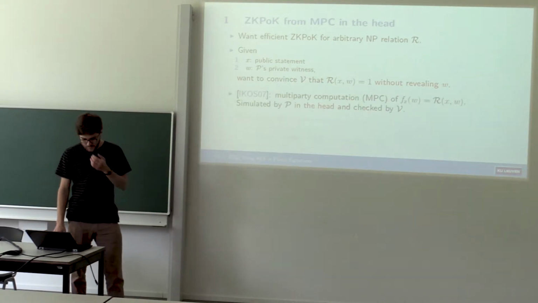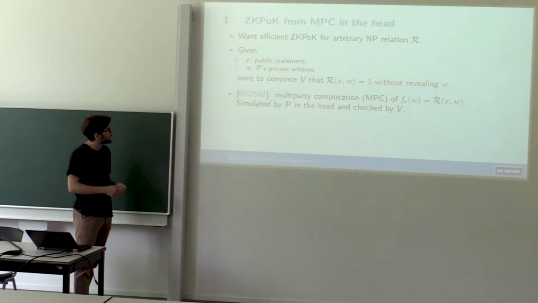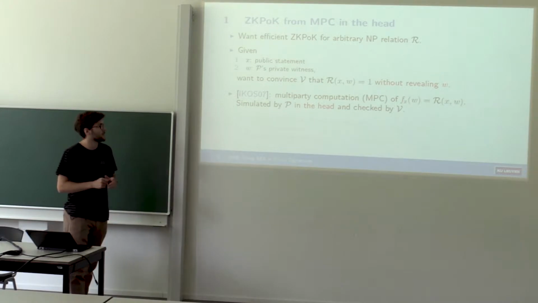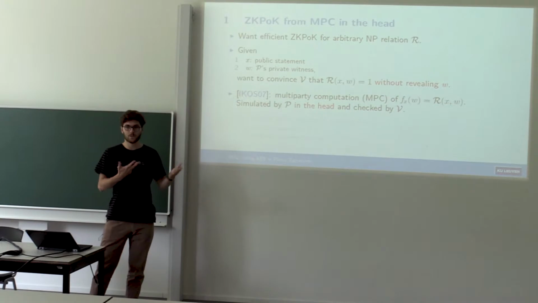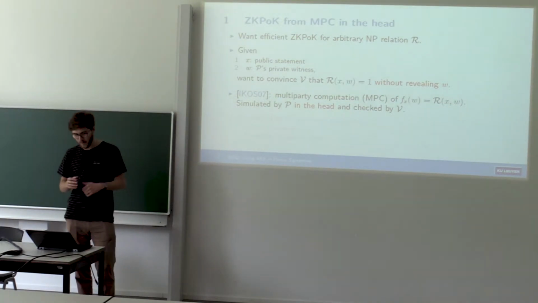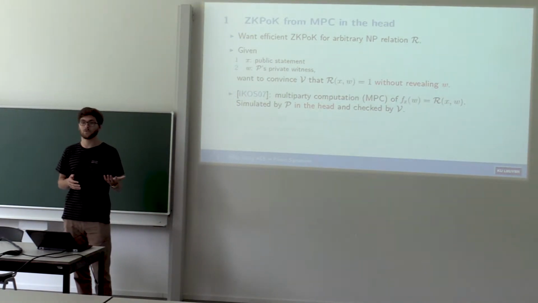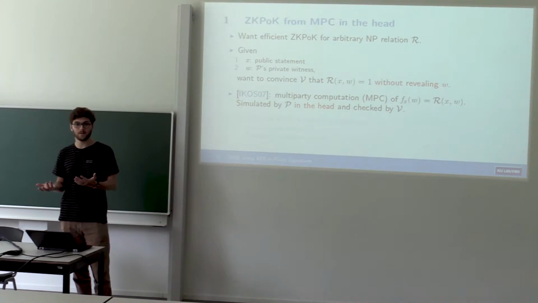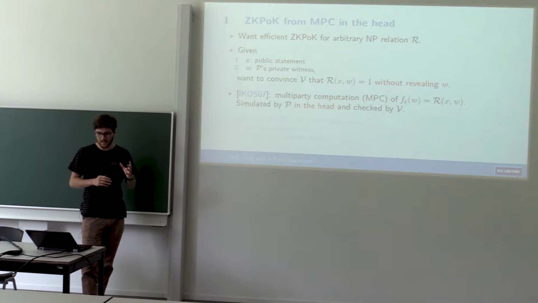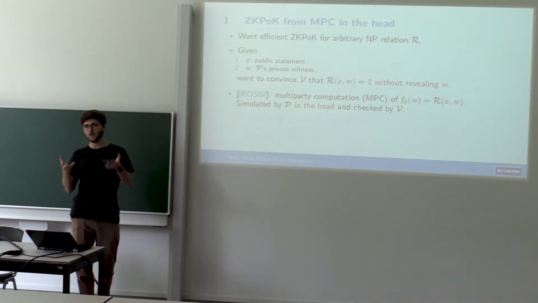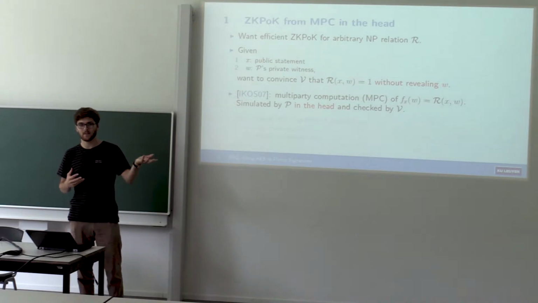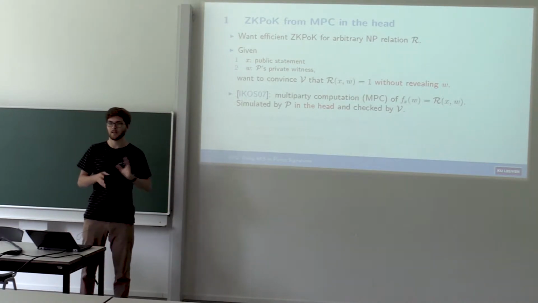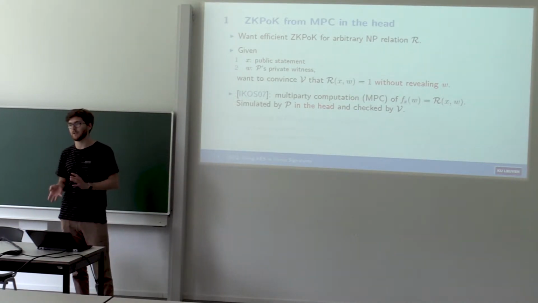In 2007, there was the great idea of using MPC, multi-party computation, of the function which evaluates the relation and evaluates to 1 if the relation holds true or 0 if it doesn't. The idea here is that the prover is going to simulate the computation of the function in his head, and then present it to the verifier, who checks that the MPC computation happened correctly.